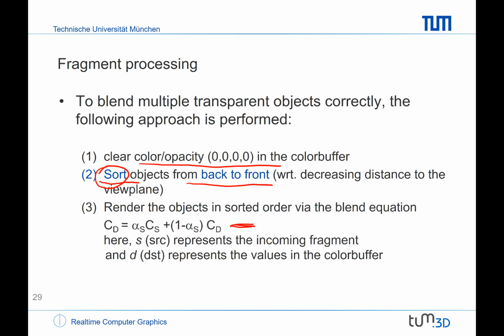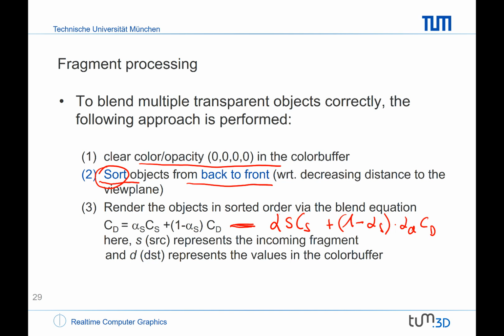So what we have discussed was, we said, okay, first of all, we compute the effective color of the object that is just going to be rendered. And then we say plus 1 minus alpha s times the destination, so alpha destination and the color destination.